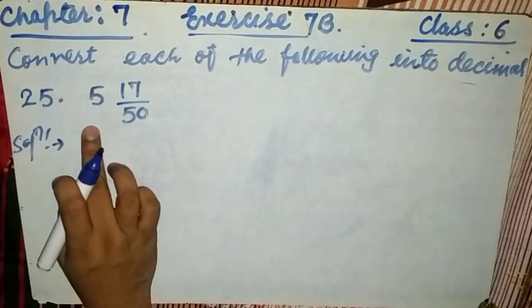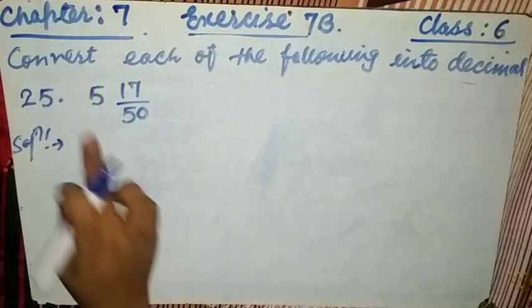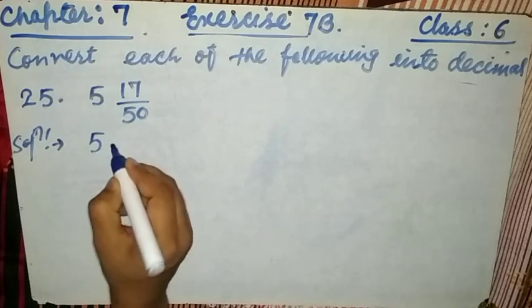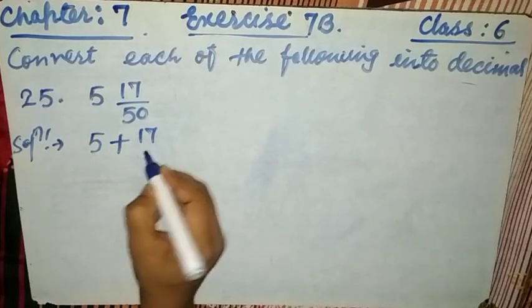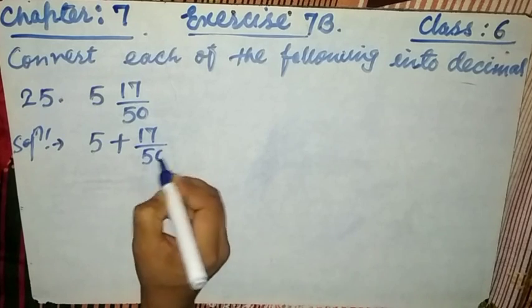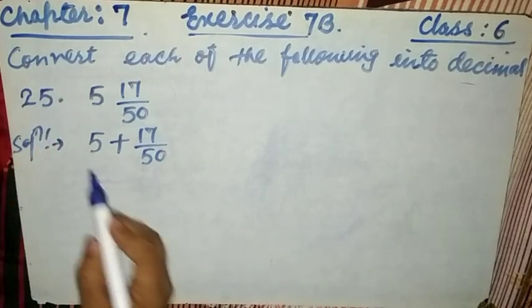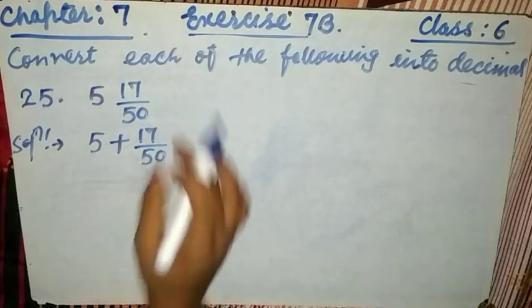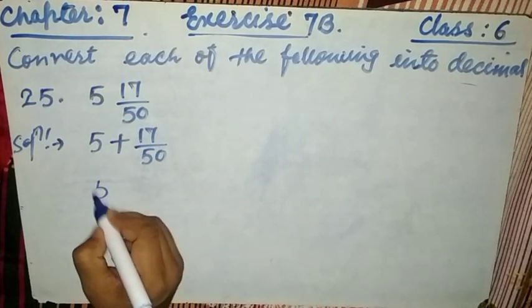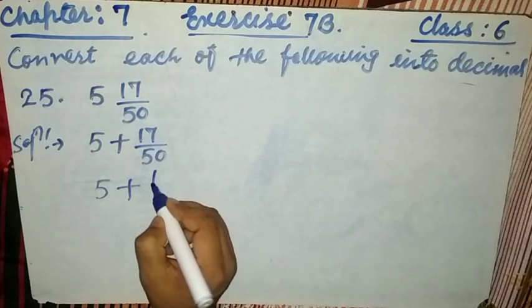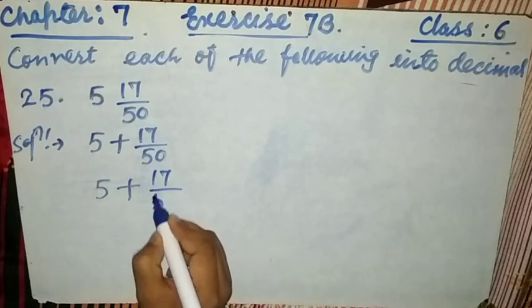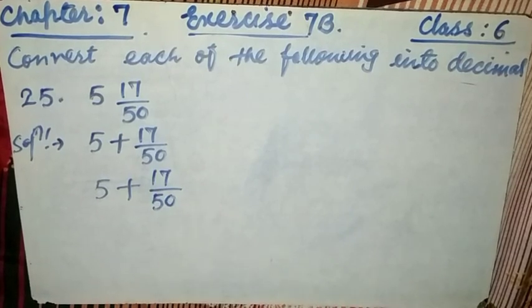First of all we have to write the sum of the natural number and the proper fraction, because this is a mixed fraction, 5 and 17 by 15 can be written as 5 plus 17 by 15.